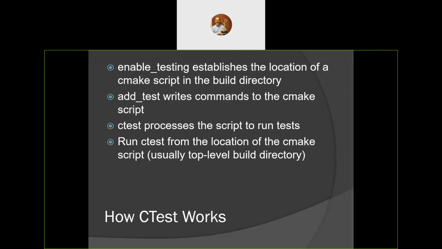So you could say make test, and it'll run CTest for you by switching to that top level directory and then running CTest. In an IDE like Xcode or Visual Studio, there will be a special target called RUN_TESTS that you can either invoke from the command line or you can invoke it from the IDE, and it just runs CTest.